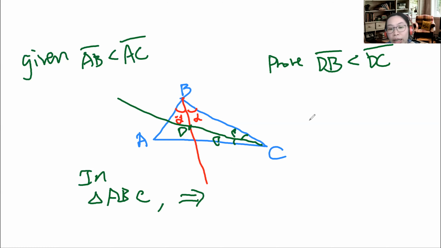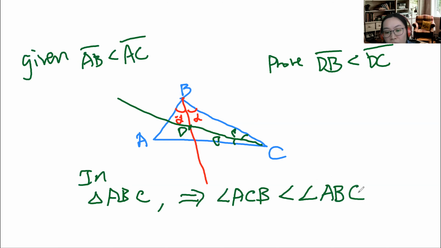Okay, so in triangle ABC, you have AB, but AB corresponds to angle C. So this angle C should also be smaller than the angle corresponding to AC, which is essentially angle ABC.